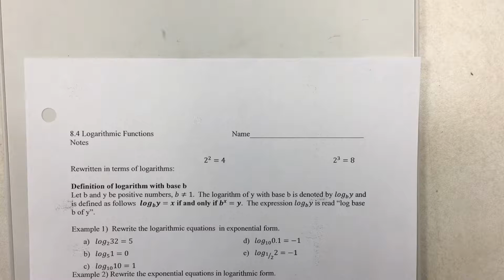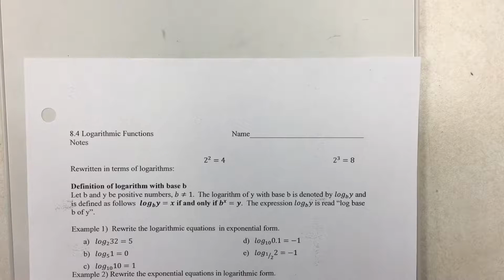So a logarithm actually is the exponent. Logarithms and exponents go hand in hand. So this lesson that we're going to be looking at today is how we're going to rewrite from logarithmic form into exponential form and into logarithmic form.